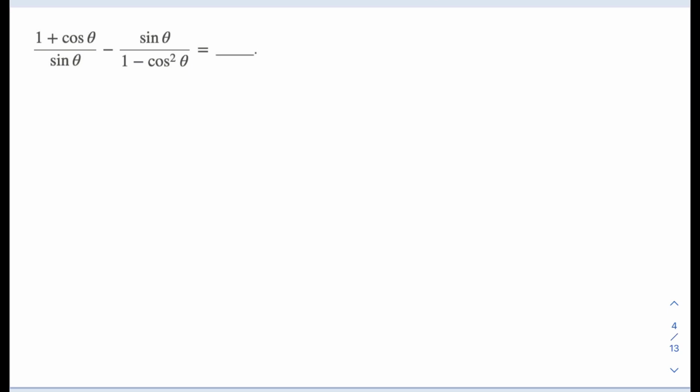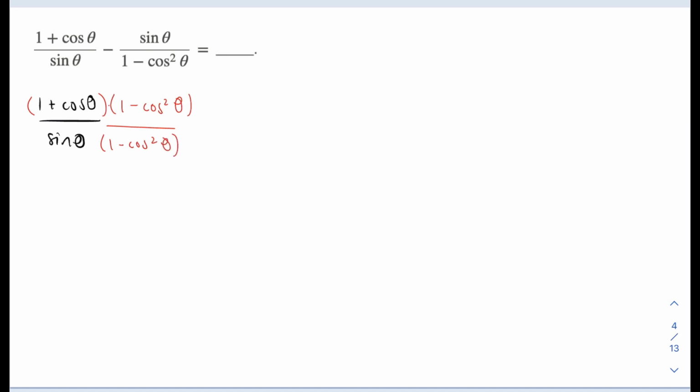Let's see what happens. So that would mean I have 1 plus cosine theta over sine theta. I would have to multiply this one by 1 minus cosine squared theta over 1 minus cosine squared theta.